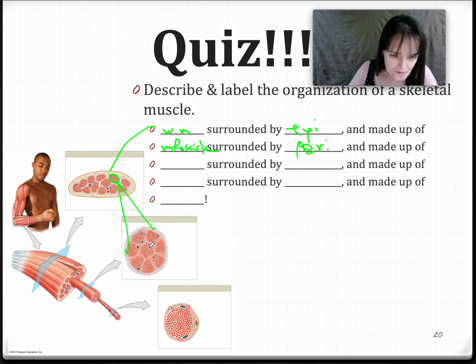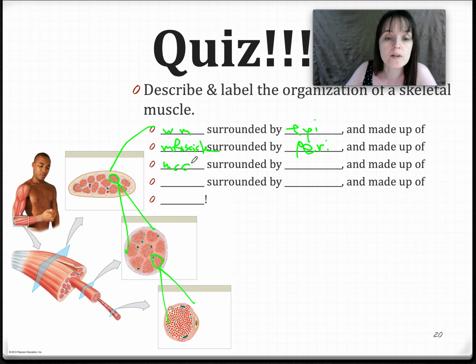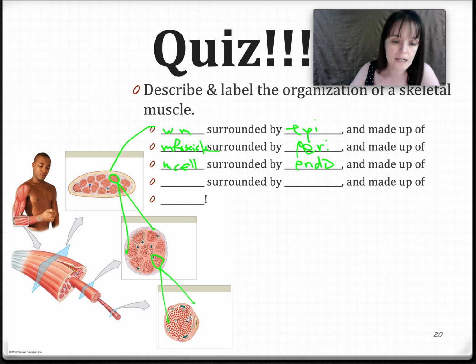And each muscle fascicle is made up of individual muscle cells or fibers, and they're surrounded by endomysium. And they're made up of, what are those little red dots, little rods? They're made up of myofibrils.